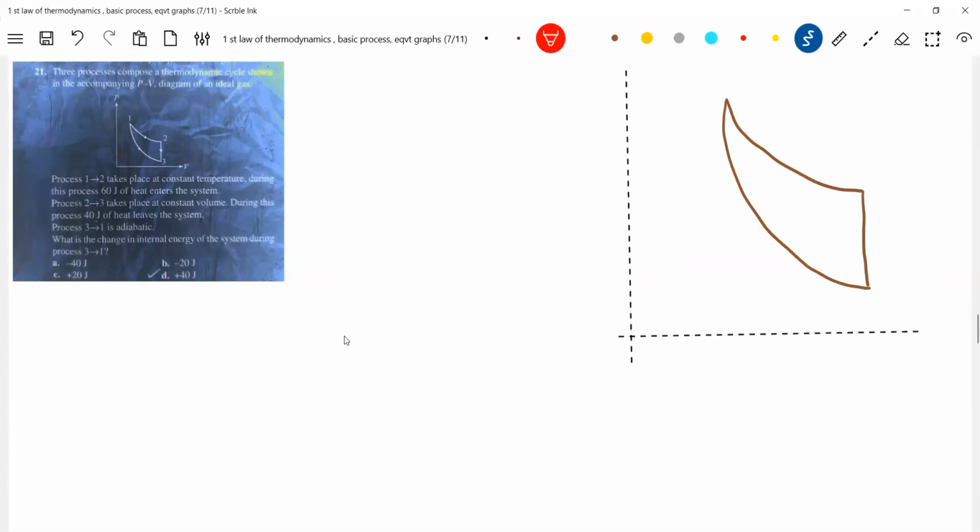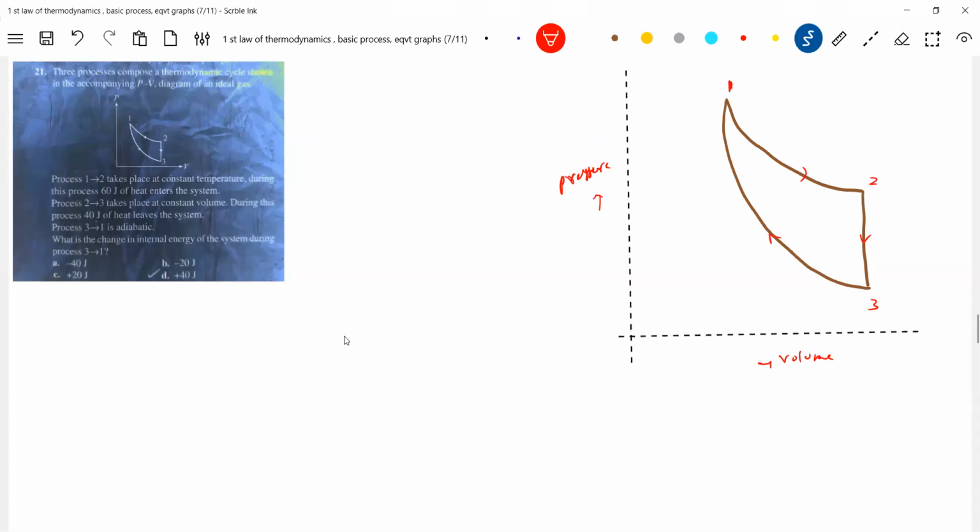Some rough graph. Okay, this is path 1, so this is 1, 2, 3. Pressure, there's a volume. Okay, let's get into this one.